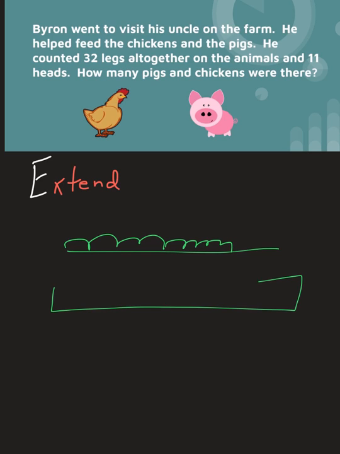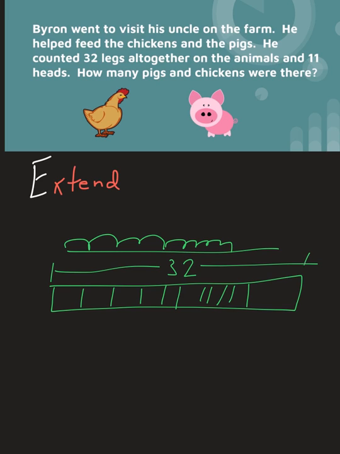They also could have used a strip diagram perhaps and put groups of 4 and then maybe groups of 2 and known that total they had to have 32 legs. Things like that students can do to just expand their mind a little bit.